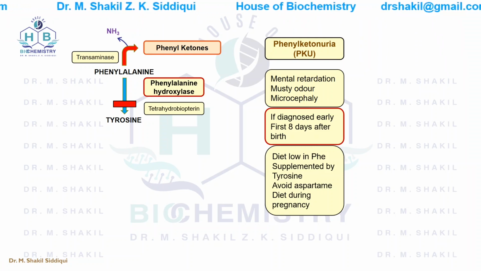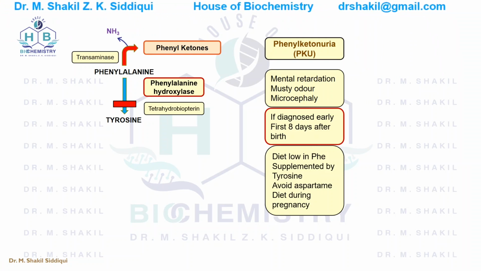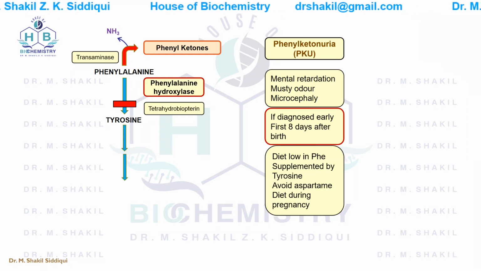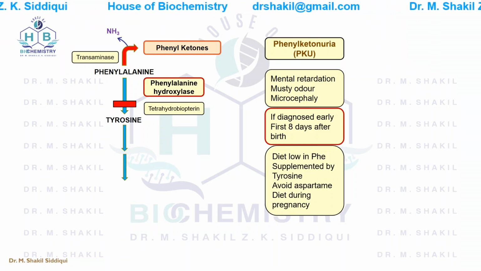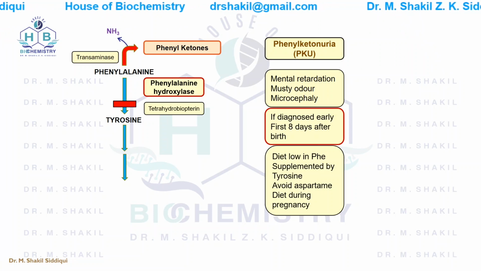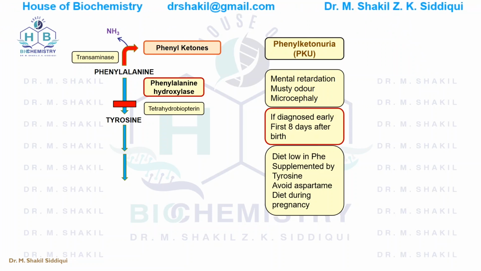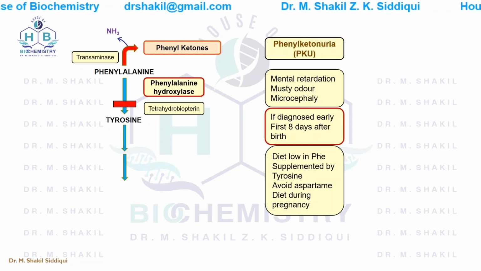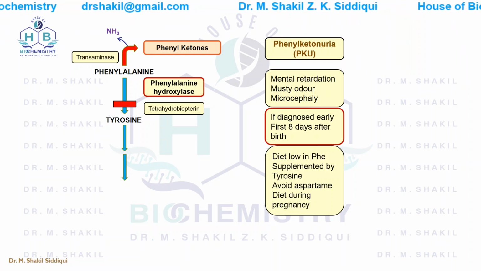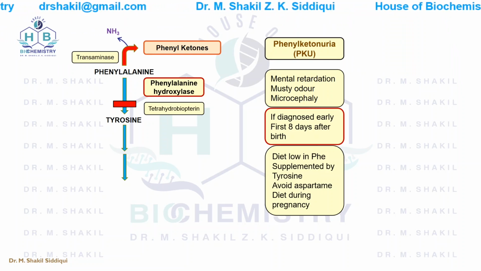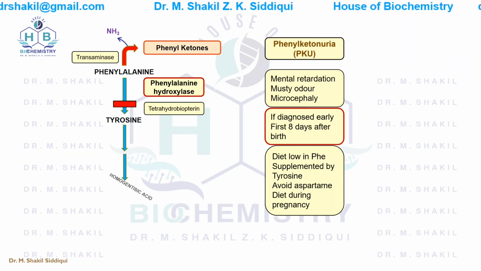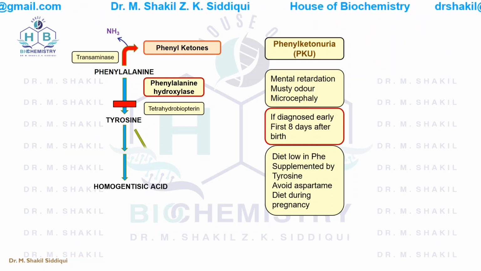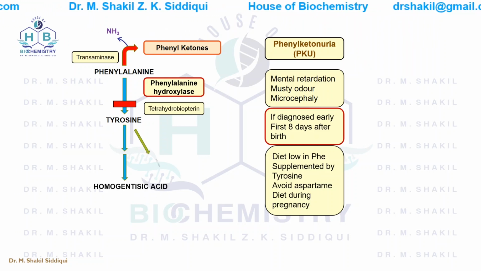Once tyrosine is formed, it undergoes a couple of steps to form homogentisic acid. But before proceeding to that, there is another important issue to discuss. Tyrosine can go into another pathway that is used to make melanin.